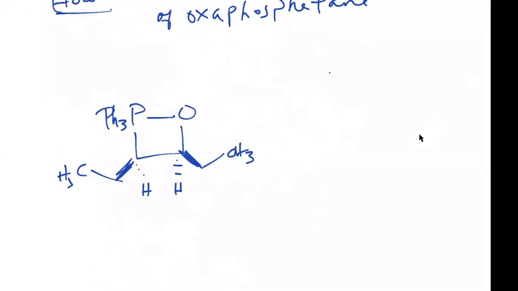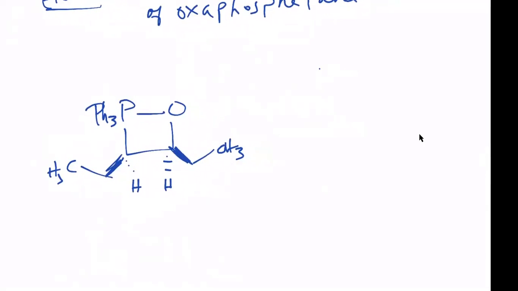But anyway, this is the oxyphosphate, and then what the Schlosser modification does is it takes the oxyphosphate, and then that base that you treat it with is going to come in and do a proton transfer, right, on this carbon right here, right.